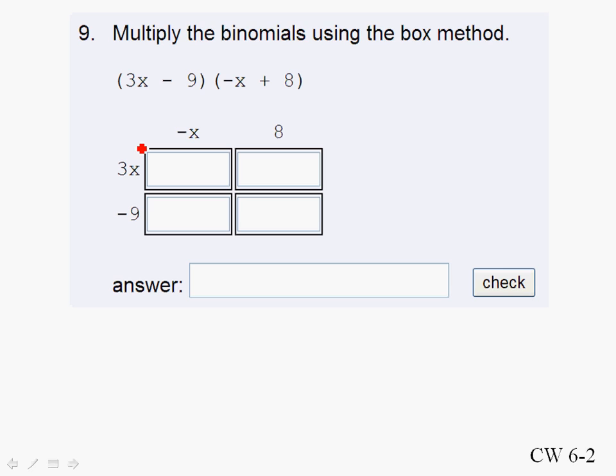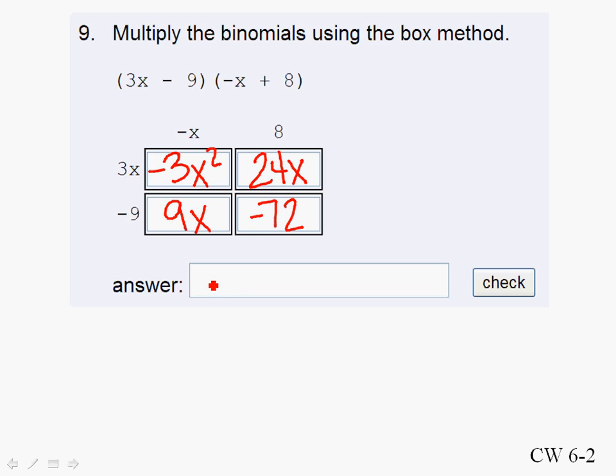So we have 3x and negative x gives us negative 3x squared. 3x times 8 gives us 24x. Negative 9 times negative x gives us positive 9x, and negative 9 times 8 gives us negative 72.